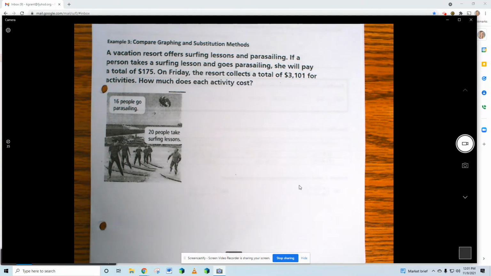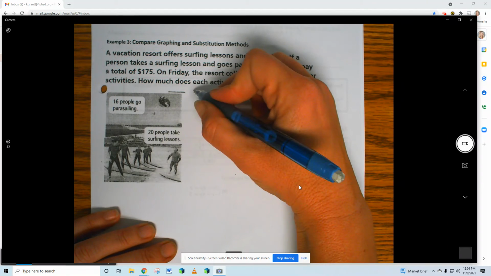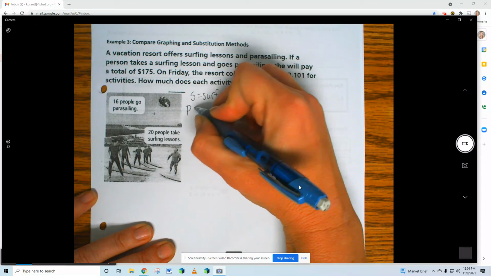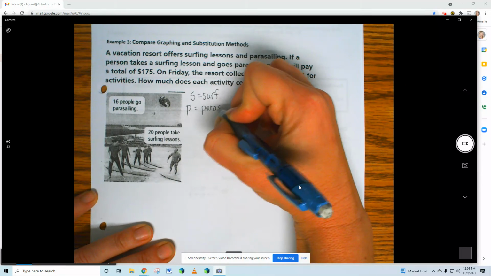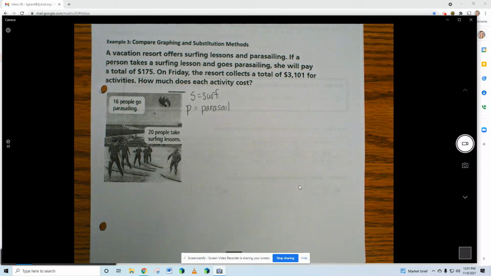Okay, so thank you. I'm going to do S for surfing, P for parasailing. I don't really want to do X and Y because I want to keep it organized when I get my answer. What's what?